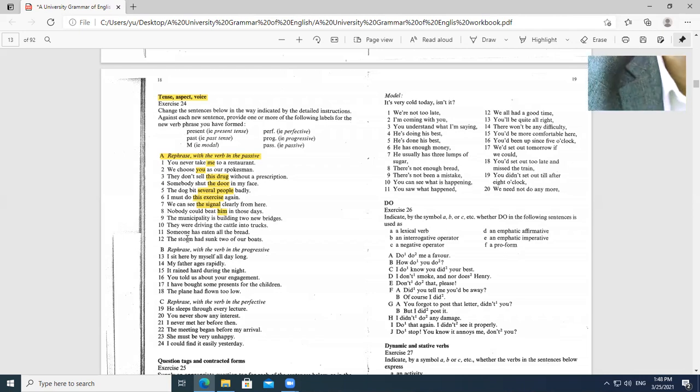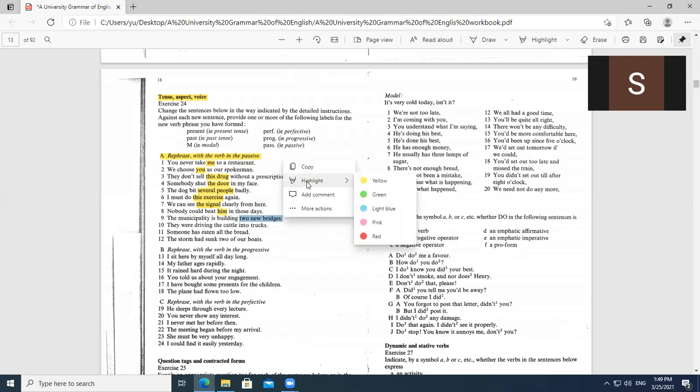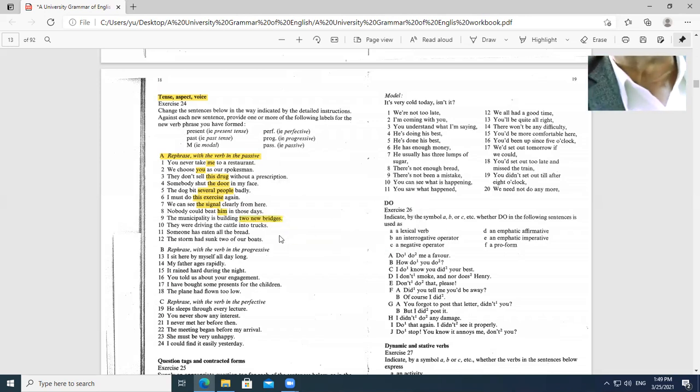Yes, the next one. Municipality is building 2 new bridges. Where is the object? 2 new bridges. 2 new bridges, yes. Building is building. That's here 2 new bridges. And the two new buildings are عبارة عن plural. إذا شو نحط محل is؟ Are.